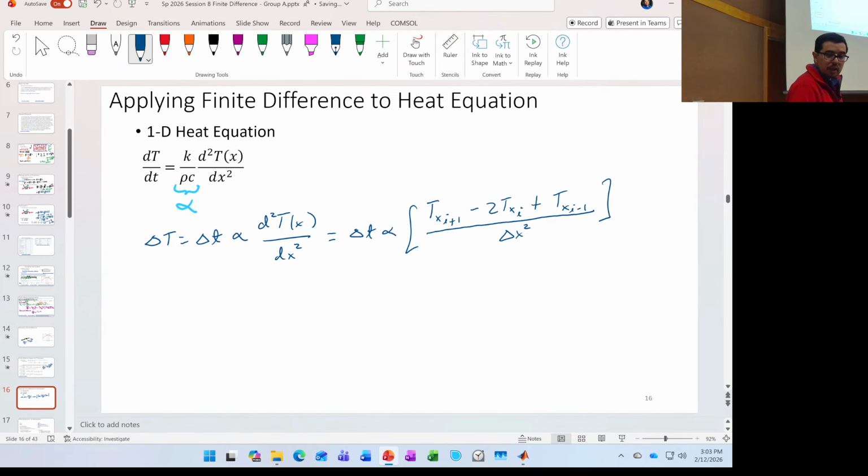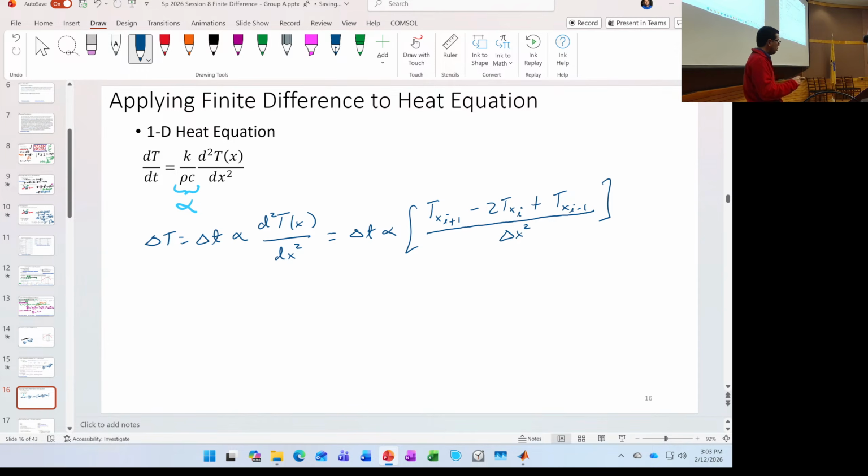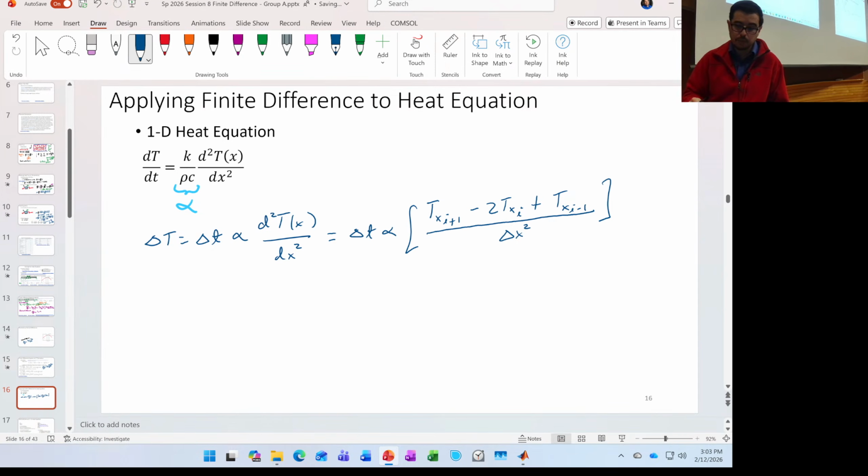Okay. So this is the 1D heat equation in a finite difference form.